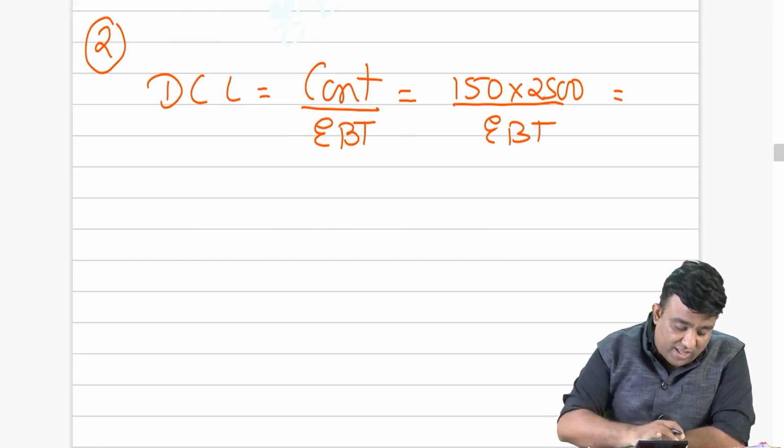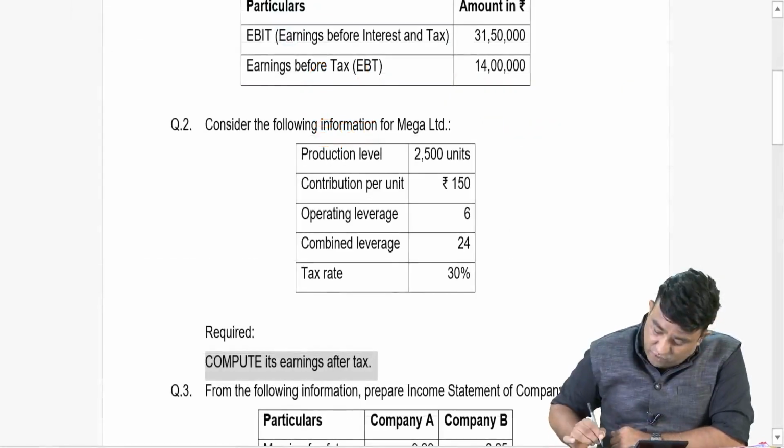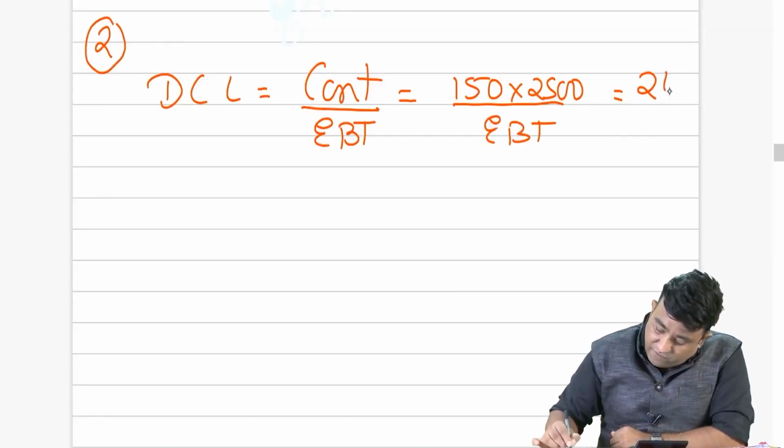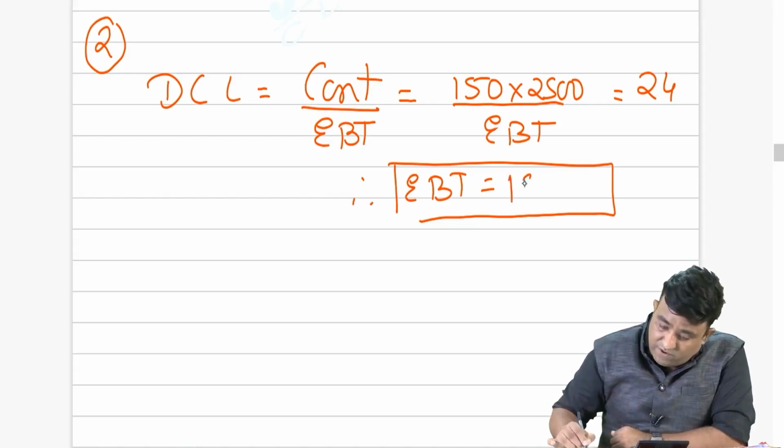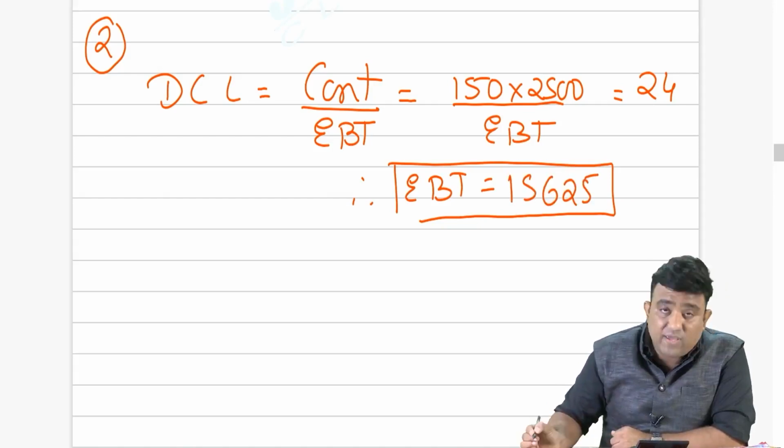DCL is already given to you. DCL is 24. Therefore, I can easily calculate EBT now. That is 150 into 2500 divided by 24. This is 15625. This is EBT.